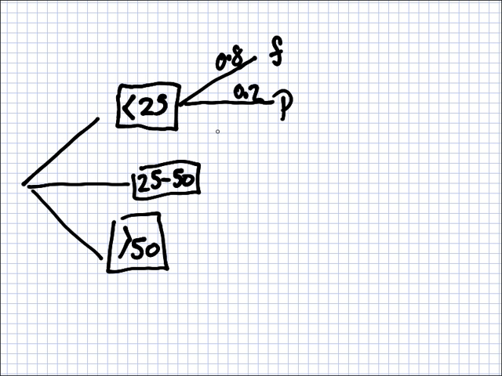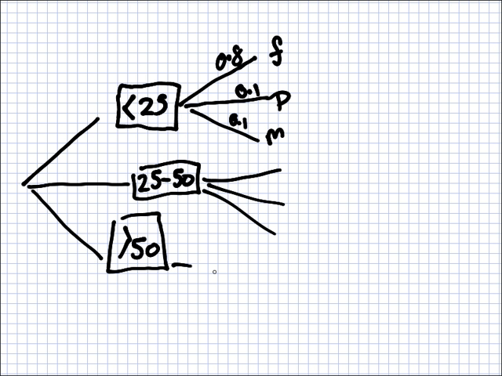Oh, sorry, there's 3 grades, not just fail and pass. It's fail, pass, and merit. Okay, so what's a pass then? 0.1 and 0.1. Like that. And like that then. Fail, pass, and merit.